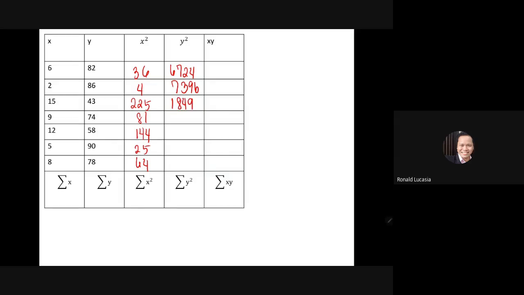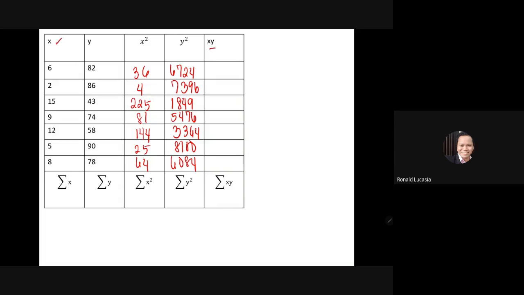And then 74 times 74, it's 5,476. 58 times 58, that's 3,364. Then we also have 90 times 90, that's 8,100. 78 times 78, that's 60,084.